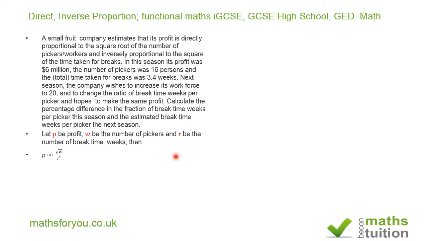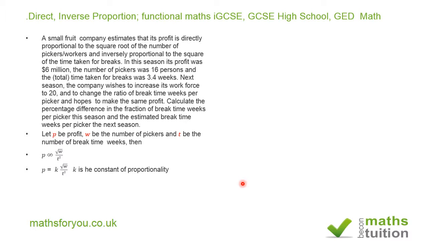If we replace the proportionality sign with an equal sign, P is equal to K times the square root of W divided by T squared, where K is the constant of proportionality.